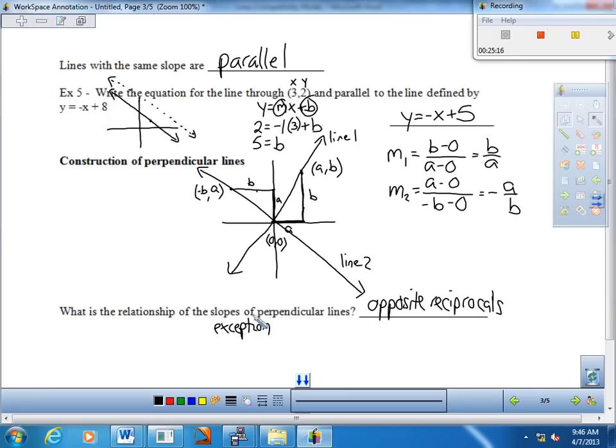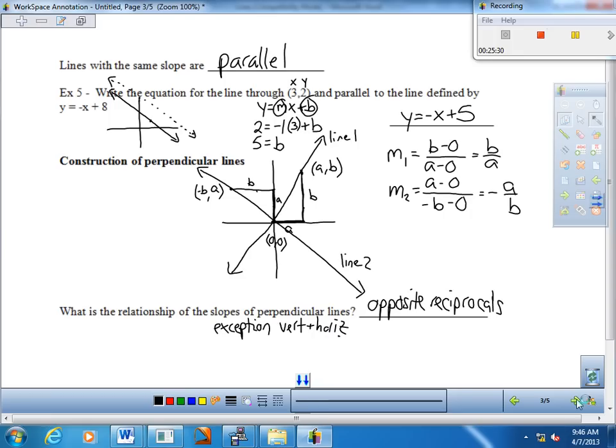What would be the exception? Hey guys, what do you think about a vertical line and a horizontal line? What was the slope again of a vertical line? Undefined. What was the slope again of a horizontal line? 0. So you're not going to get that nice opposite reciprocal situation.